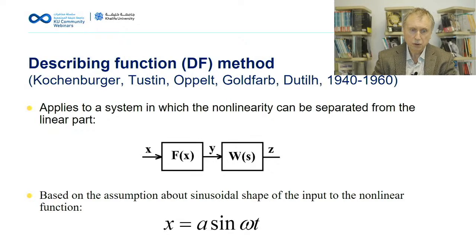Of course, because we have a nonlinear function, the signal y will be non-sinusoidal, but z can be quite similar to a sinusoidal signal if the transfer function W(s) has low-pass filtering properties. In this case, z can also be quite close to a harmonic signal.